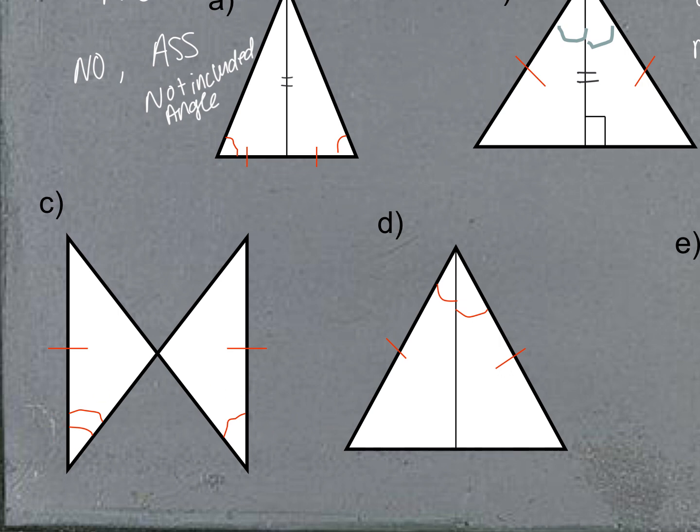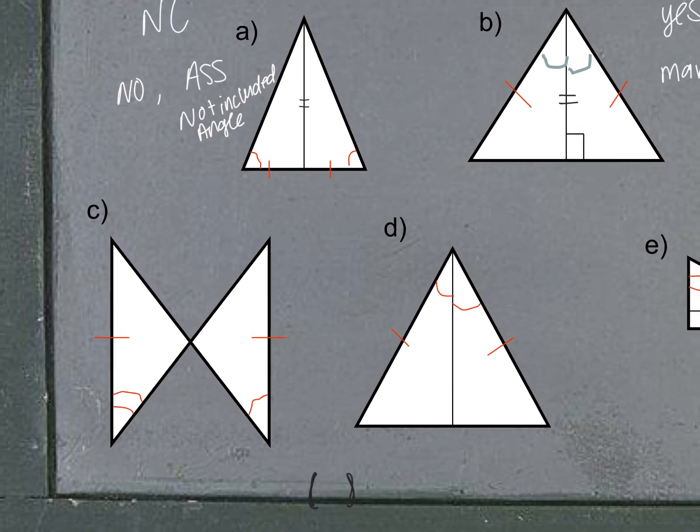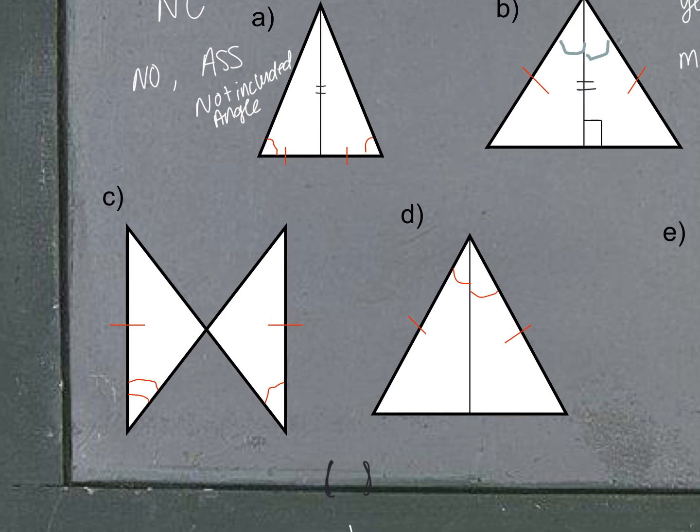So I'm going to write not congruent. They have a different number of lines. But I do know that my vertical angles are congruent. However, is there anywhere else on here that I could prove another side is congruent? No. So this one is also NC.